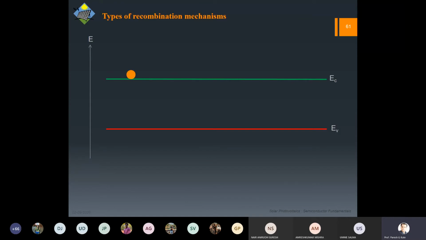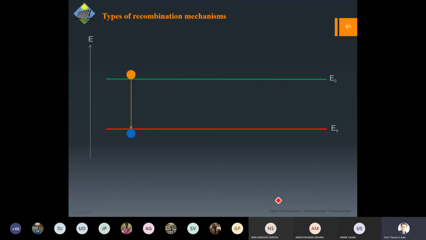So the first one, I'll give an example. Of course, the y-axis is energy, and I'm talking about two levels. Just for example, I'm taking the conduction and valence band. It is not necessarily so; it can be any two different energy levels. But to keep it simple, I'm talking about conduction and valence band. Let us say we have one electron already sitting at the conduction band.